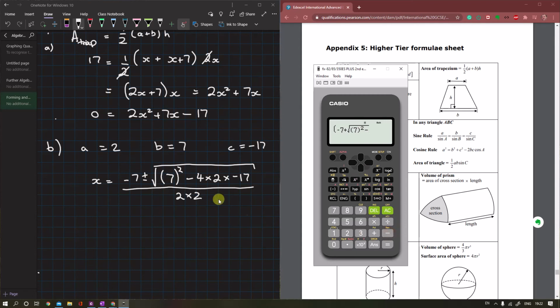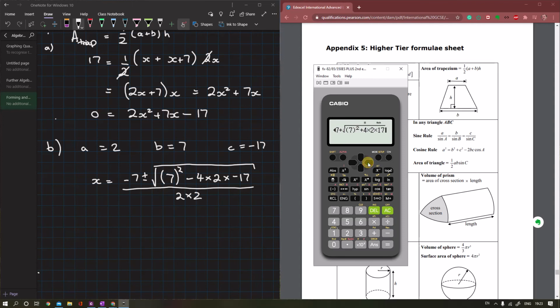Subtract, and then the minus 4 times minus 17 is going to give me a positive, so I'm going to turn that into a plus. 4 times 2 times 17, come outside, and I need to put a bracket on the end to balance that one.